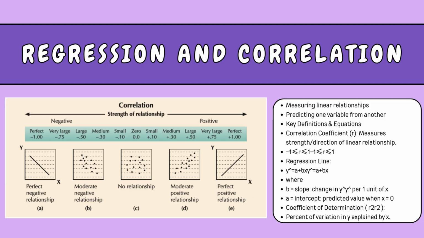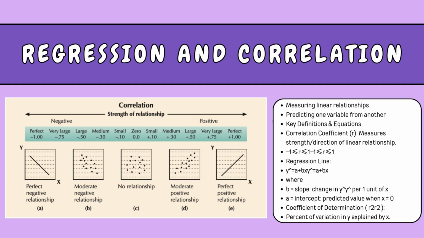The closer it is to either side determines the strength of the relationship. The closer it is to -1, the more strength it has, and the closer it is to 1 positively is a strong relationship as well. The closer it is to 0 means that there's virtually no relationship between the variables.